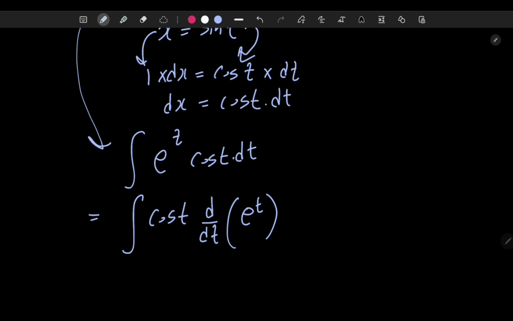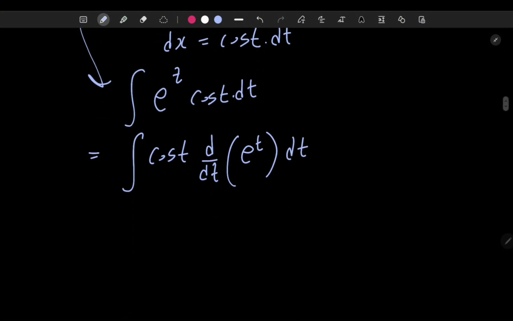Then integration and differentiation cancel and dt is still there. When I apply integral by parts, these two are multiplied, e to the t times cos t minus the integral of e to the t times the differentiation of cos t.